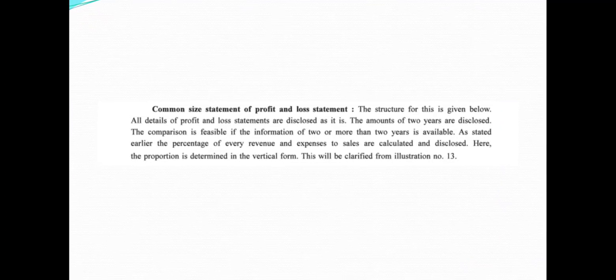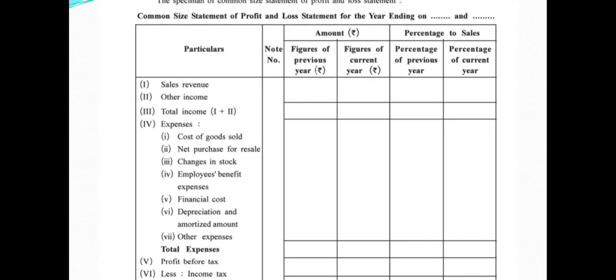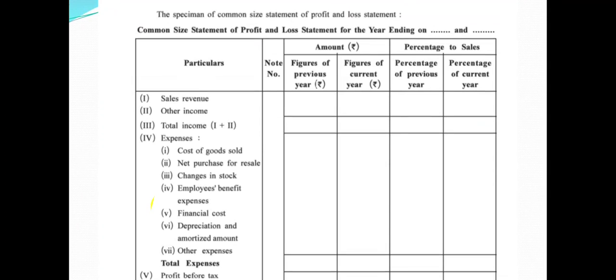Let us see the specimen. See friend, this is the specimen. In the first column the particulars come, second column note number, and third and fourth columns, as usual, the figures of previous year and current year. And then the fifth and sixth columns are percentage of previous year and percentage of current year, which is based on the sales.